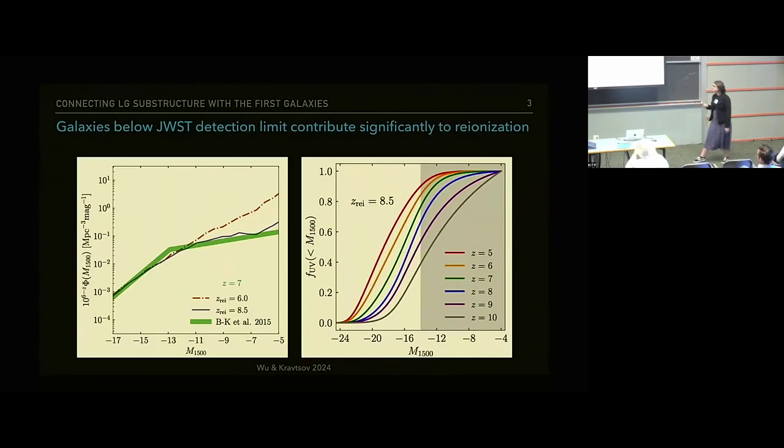And if you look at the fraction of ionizing radiation contributed as a function of UV magnitude, at that redshift or above it, purple, blue, and gray here, you're getting a really significant contribution from galaxies that are fainter than the JWST plus lensing detection limit. So we should care about these very faint galaxies and trying to use the near-far approach to look even fainter than JWST will get us.